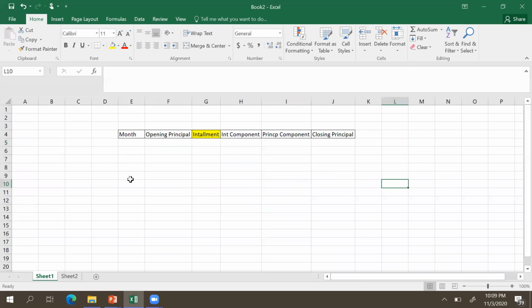Okay. So suppose we are talking about a loan whose principal is 100,000. Okay. And what is the interest rate? Interest rate, suppose, is 8%.